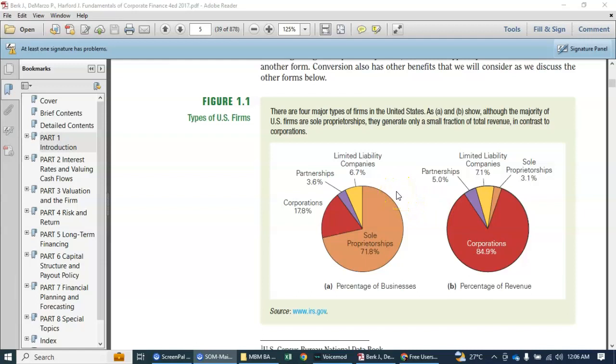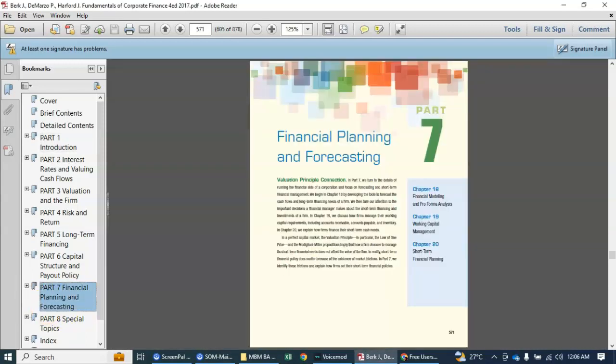In terms of percentage of businesses, the sole proprietorship is 71%. It's because it's easy for them. Corporation is more formal and there's a need for that. But in terms of revenue, 85% of total sales over all of the businesses are owned by the corporations.